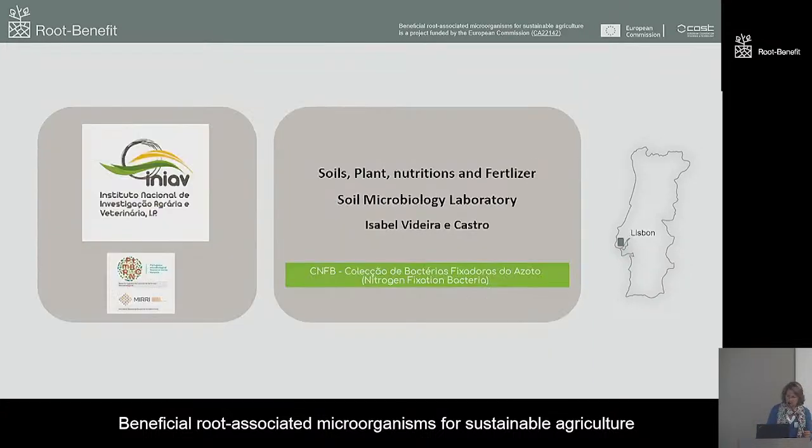Also in Lisbon, INIAV, one of the oldest institutes working with soil microbes, particularly on Rhizobia. They have one of the greatest collections of Rhizobia strains in our country, so this is an important thing when we are working with these bacteria.